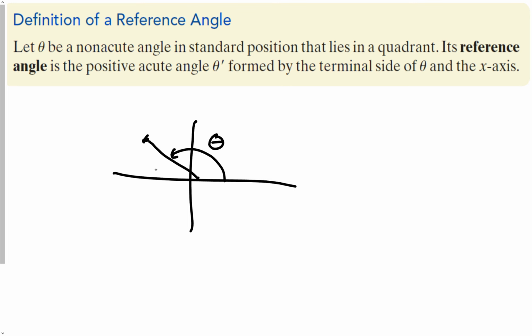Its reference angle is formed by the terminal side, right here, and the x-axis. That is theta prime. Okay? So what we're saying is that this angle right here is called a reference angle. It is the distance to the x-axis from the terminal side of theta.